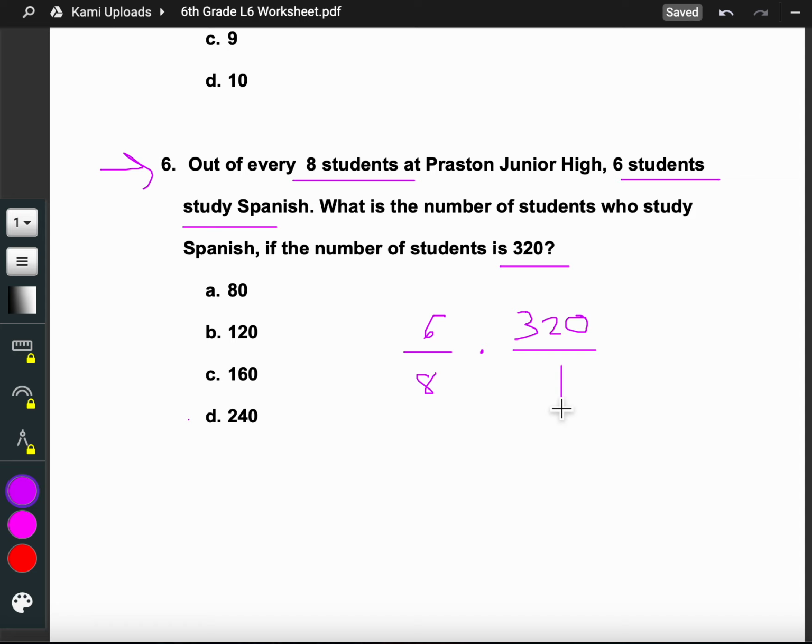So 320 times 6 is 1,920 over 8. And if you divide 1,920 by 8, then you should get 240 students who study Spanish out of the 320 total.